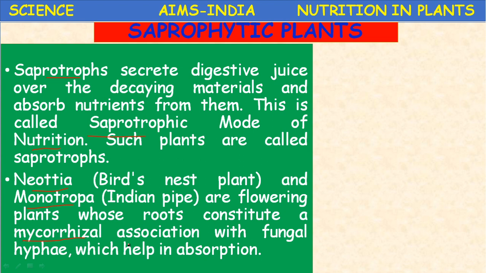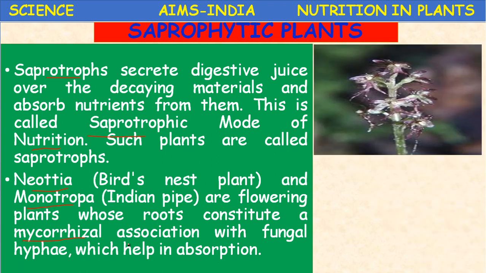So it is a symbiotic association, we can say. Neotia and Monotropa are the two flowering plants. The roots of these plants contain mycorrhiza, a type of fungi, whose fungal hyphae help them in absorption of nutrients. So that's why they come under saprophytic plants.